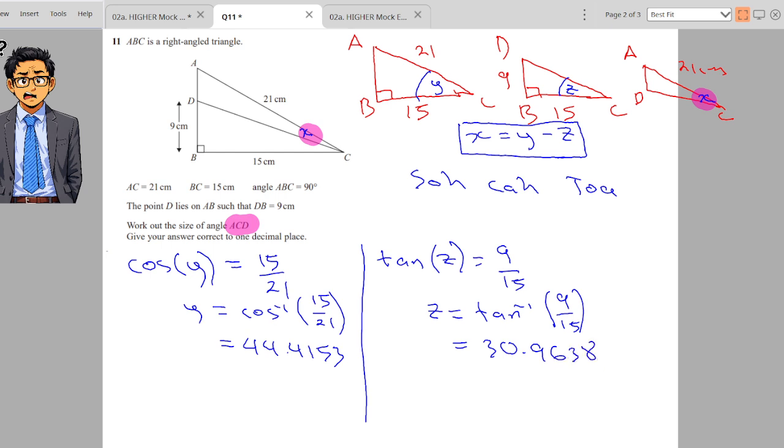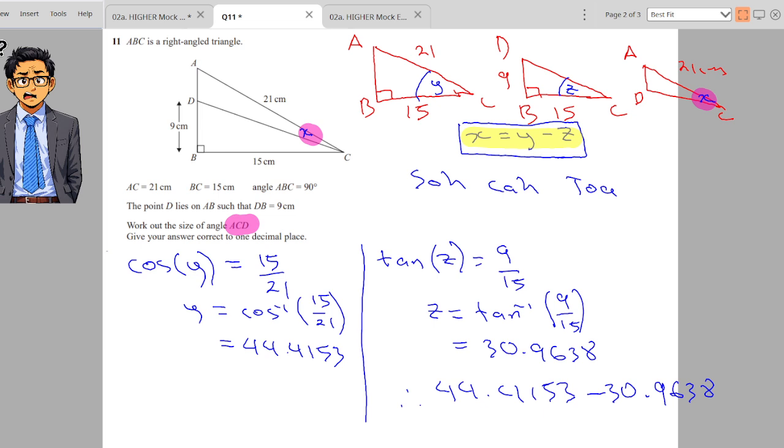So those are the two angles. And earlier we had a plan: X is equal to Y take away Z, so we're using that. Therefore in my final answer we have 44.4153 taking away 30.9638.